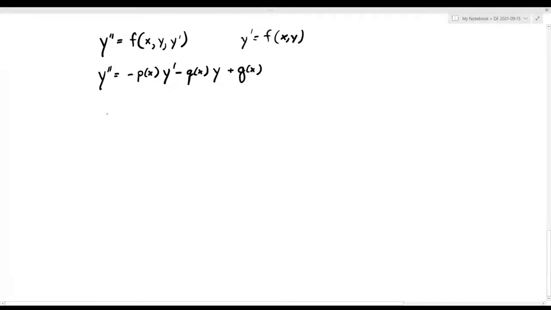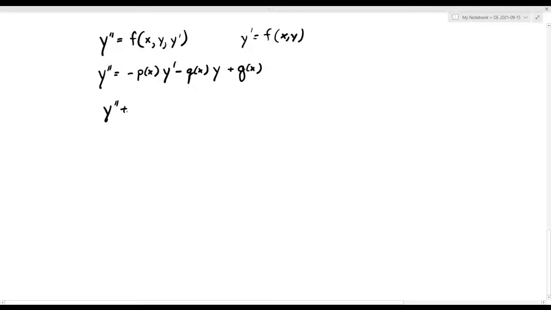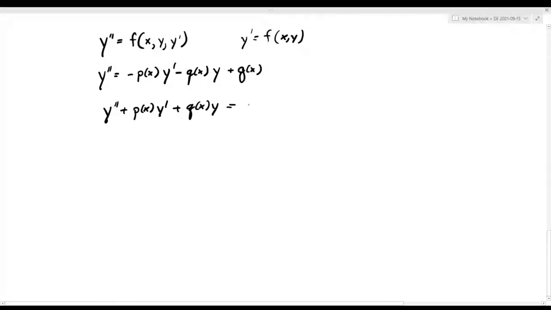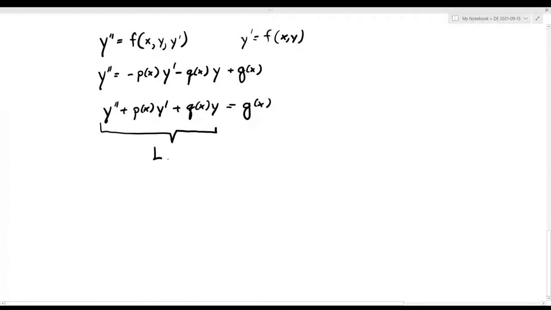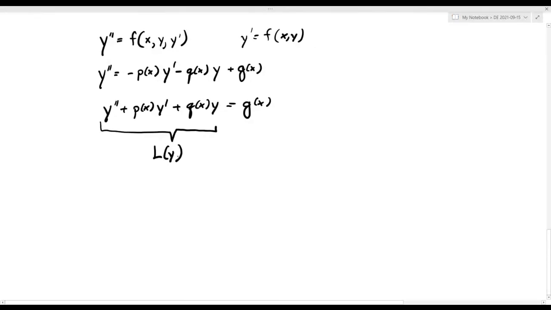And if you move the negative terms to the left side, we can define this as an operator on y, right? So plug y into this operator L, and this tells you exactly what to do. Now it's linear in y.